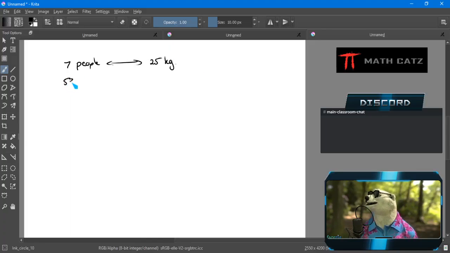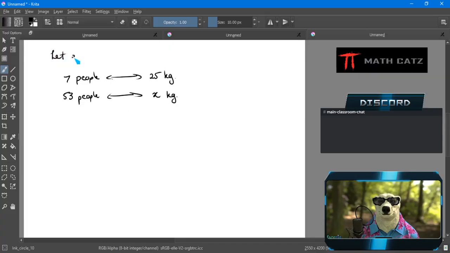We want to know 53 people will need or correspond to how many? Let's call it X kilograms. For the sake of convenience, I'm not going to bother defining it, but we totally could.